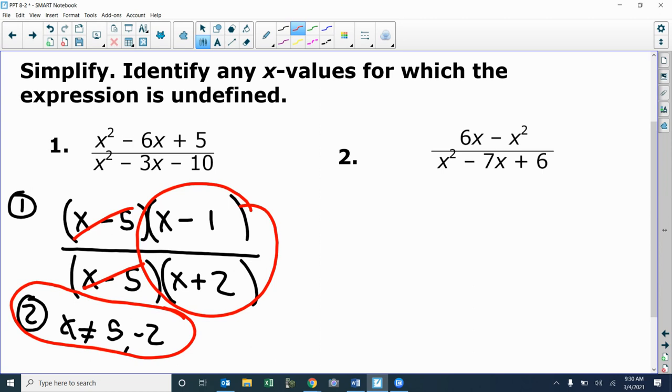I'll give you a little hint on the top for number 2. Let's take out negative x to start with. Take out negative x. Also, you might want to switch it so the x squared plus 6x is first, and then proceed to take out negative x.